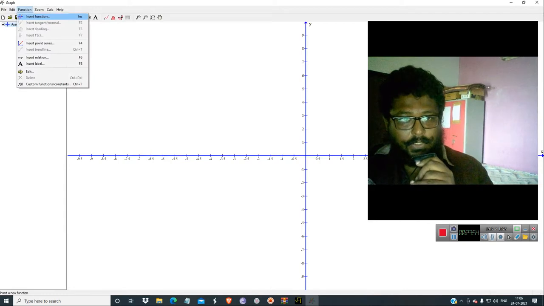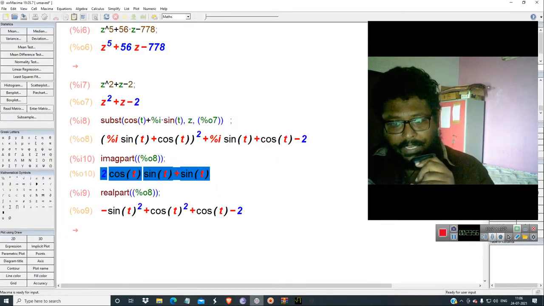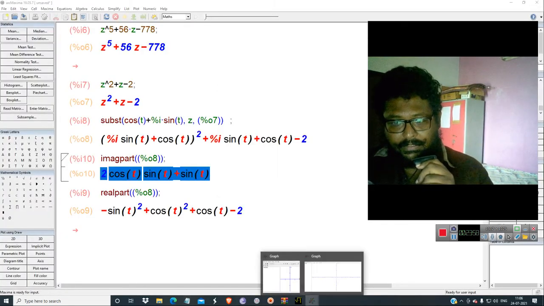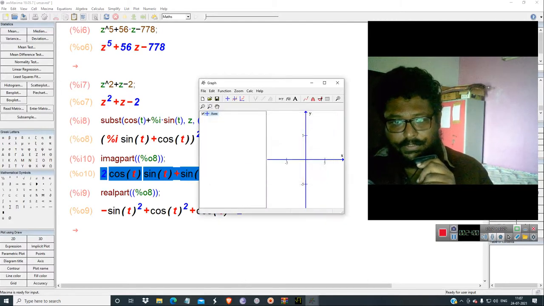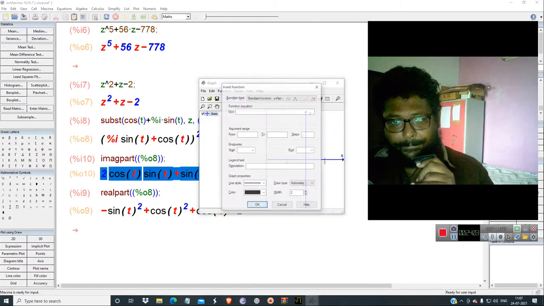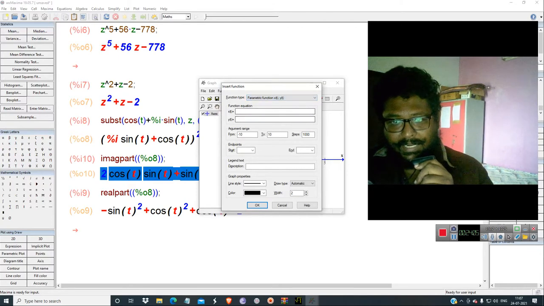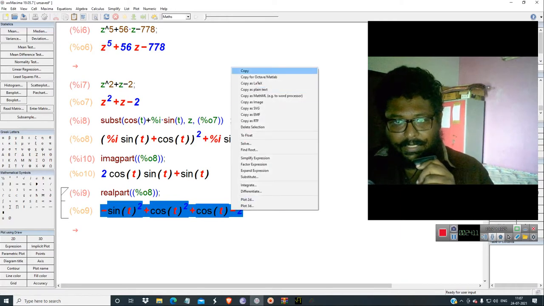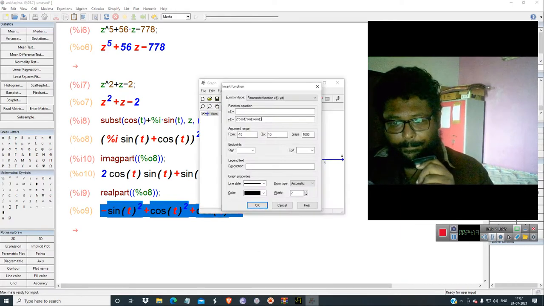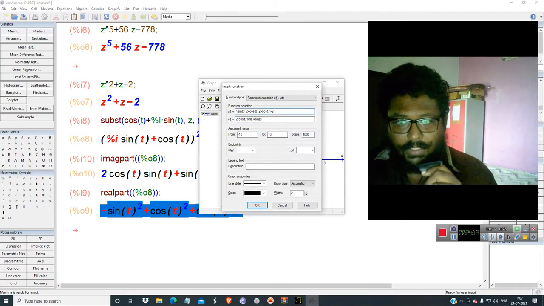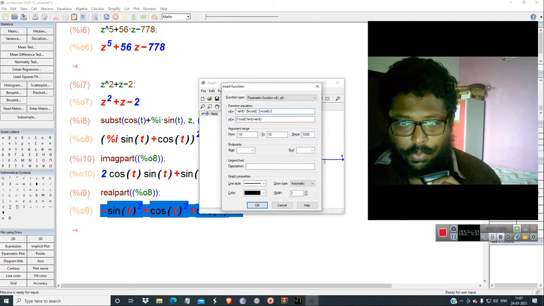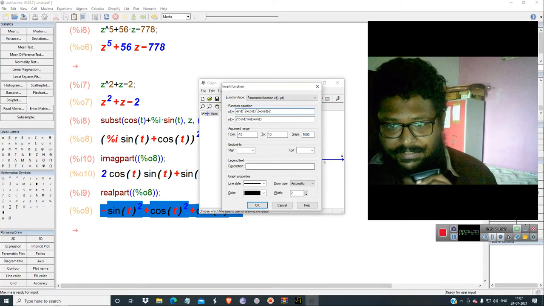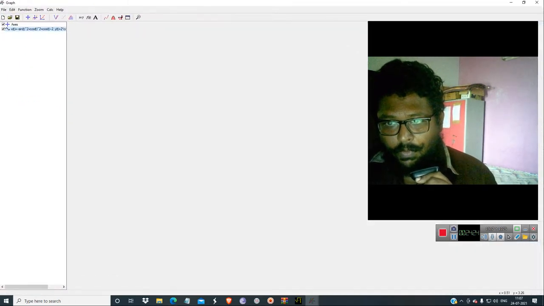So you have this insert function and take the imaginary part, close this, go to the y of t and paste it over here. Then you take the real function and paste it over here, and you have some division symbols that should not show up, because it thinks it's a math script, and you have a wonderful cardioid.